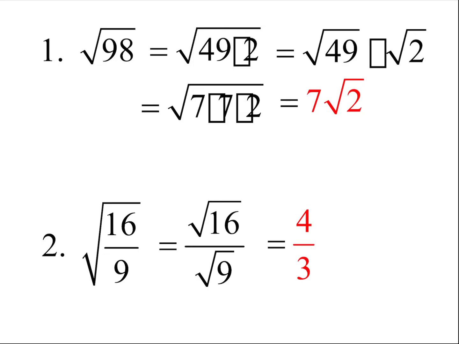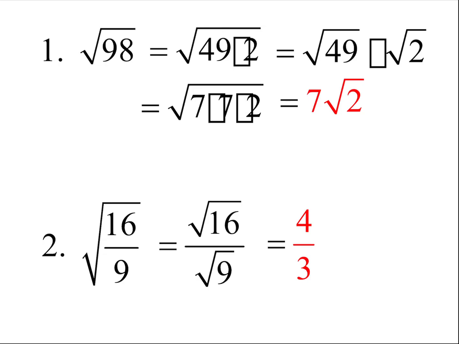So in this example, if I have the square root of 98, I can break that up into the square root of 49 times 2, which then breaks up into the square root of 49 times the square root of 2, which will equal 7 times the square root of 2. Again, there are multiple ways that you can do this.